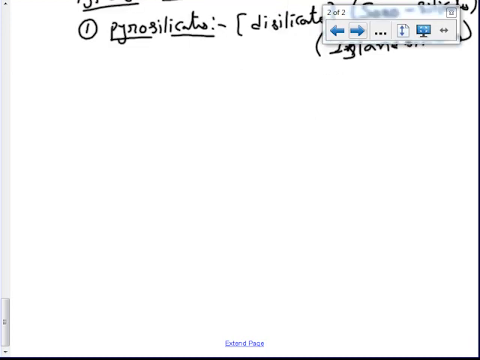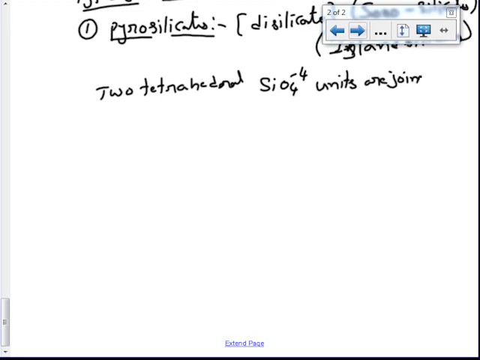So we have many names: pyrosilicates, island silicates, disilicates or sorosilicates. Disilicate means I take two silicate ions, two tetrahedral silicate units, joined by sharing one oxygen at a corner.